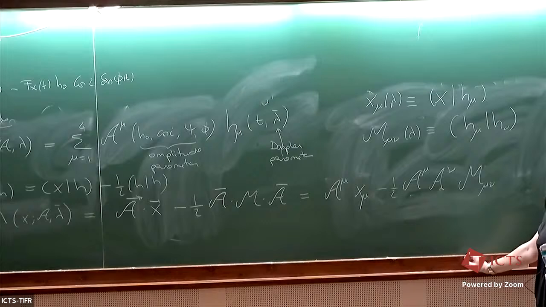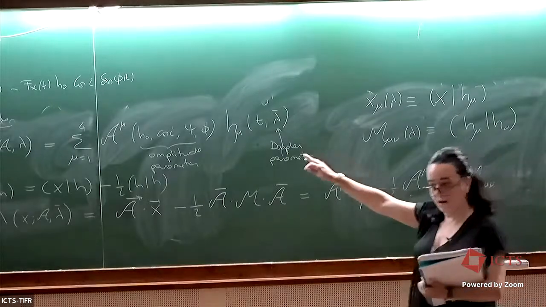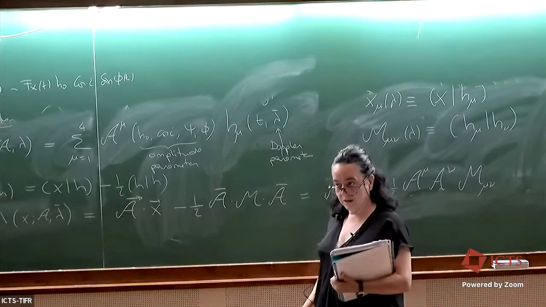In the class yesterday, I already made the exercise in a very simple case of maximizing the likelihood for the amplitude of a certain signal. I can repeat the exercise here again, but maximizing over the 4 amplitude parameters.